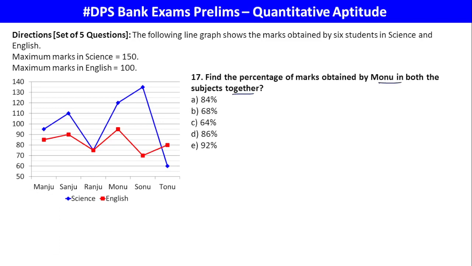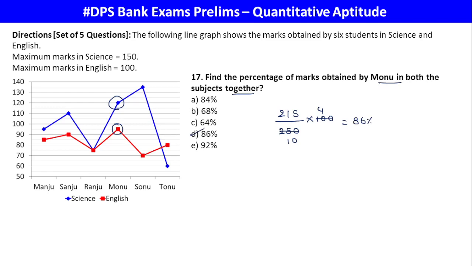Monu is 95 and 120. 95 120 if it were 100 it would be 220, 2 times 21 4 times, which is 84, 86%.